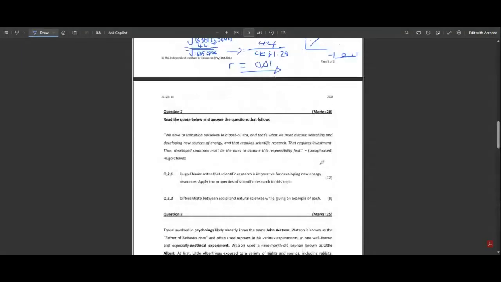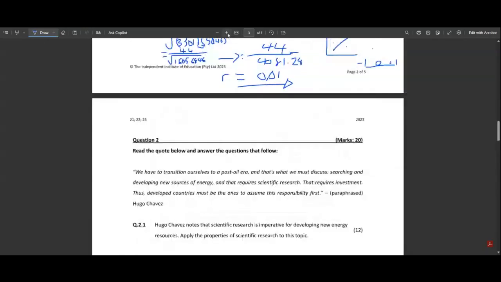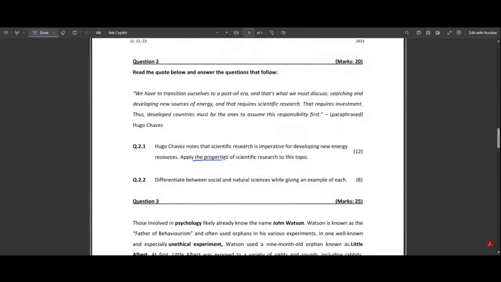And then it's just the end, there was a little bit, but this is mostly theory. But let's just have a glance here at question 2. Okay, so this is what I was saying, Nana, with the properties of scientific research. That's straight from your first assignment. Yeah, asking you to apply the properties of scientific research for this little scenario quote that you've been given. Okay, so 12 marks.